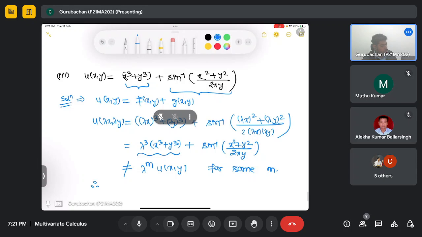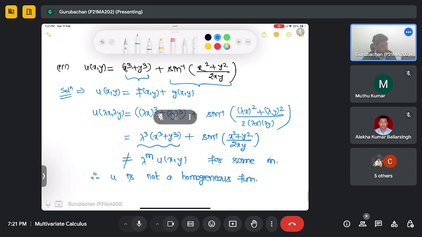Therefore, u is not a homogeneous function. But we can write this function as a sum of two functions that are homogeneous.